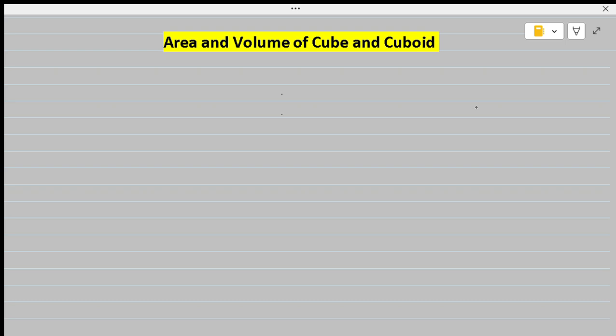In this video, I'm going to discuss the area and volume of a cube and cuboid. I start with one diagram of a cuboid over here.